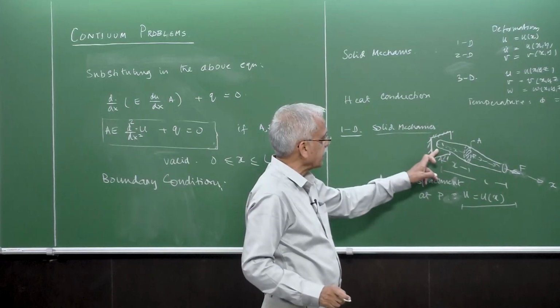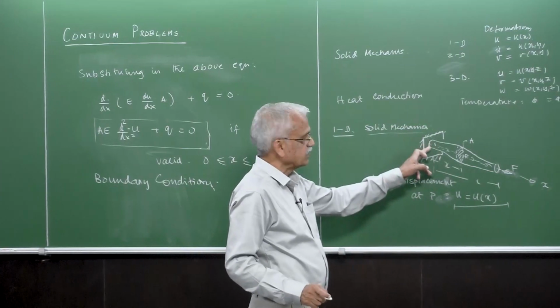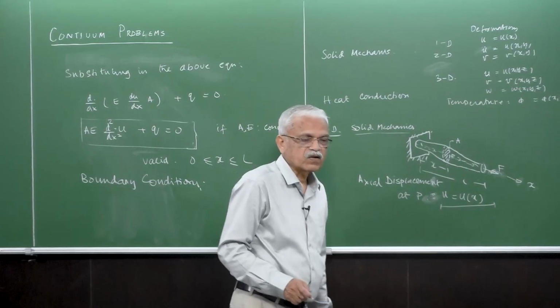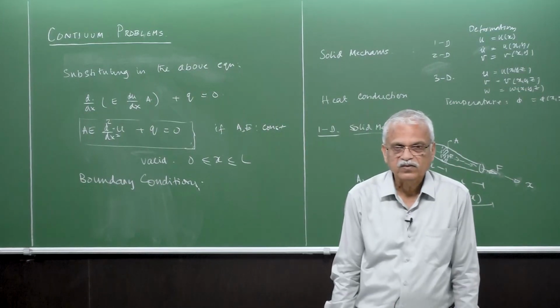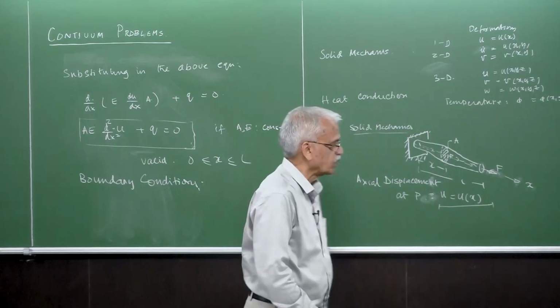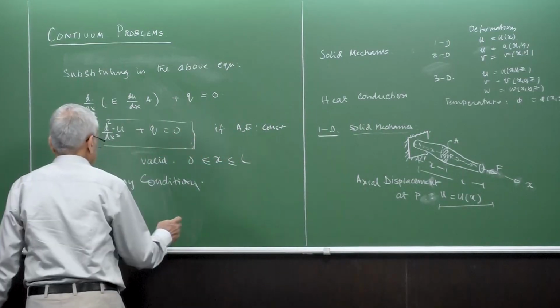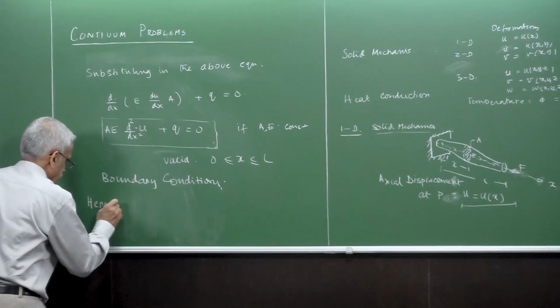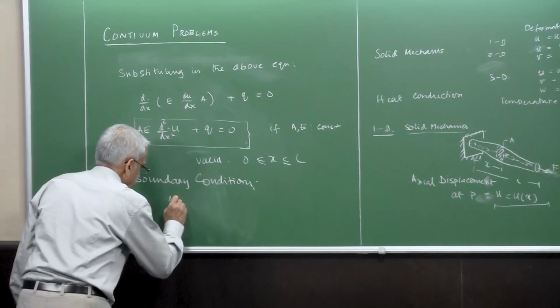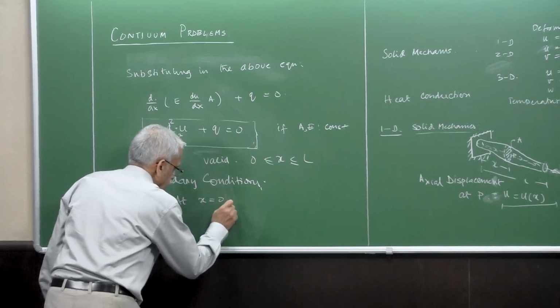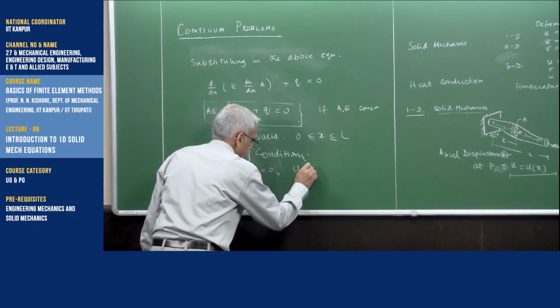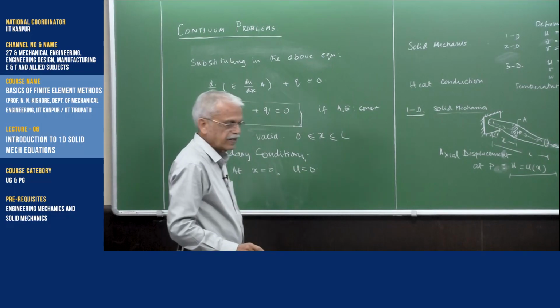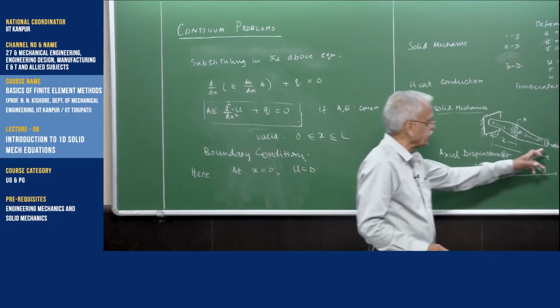That means this cross section here will not undergo any deformation. So at x is equal to 0, we have u is equal to 0, right? And what about at x is equal to L?